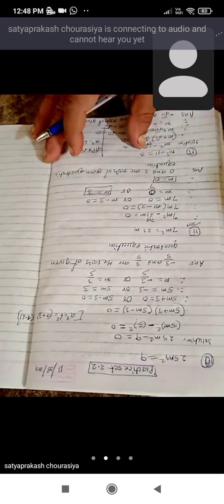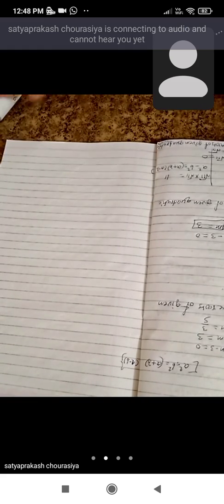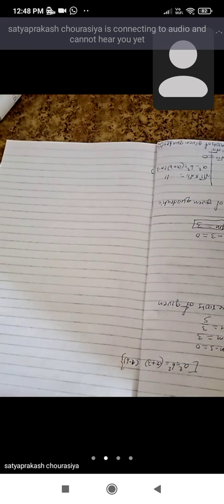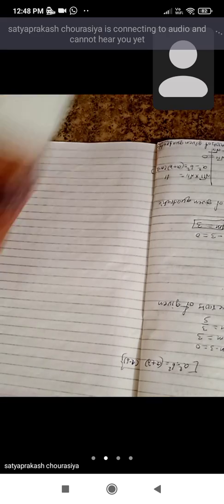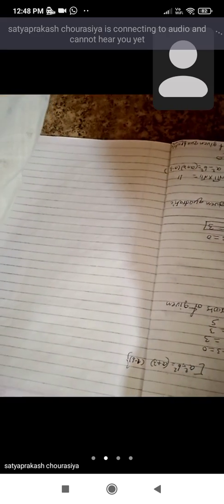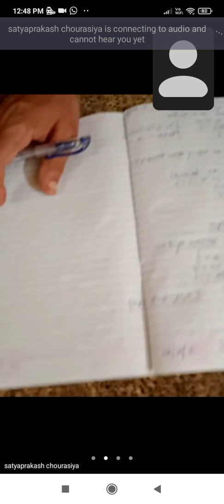Now see, the practice set 2.3, that is solution of the quadratic equation by completing the square, is completely omitted for this year. इसको पूरी तरह से omit कर दिया है, कैंसिल हो गया है, वो सिलेबस में नहीं है इस साल के.